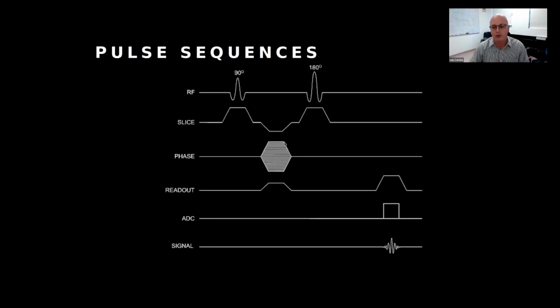When are we going to do this, and when we are going to get our signal down here at the bottom? All of these are parameters that we can change. We can change their timing, we can change their shapes, and the way we add up all these ingredients make a different musical record, and these different pulse sequences allow us to obtain different forms of imaging and different forms of contrast that we can ask different things about tissue.